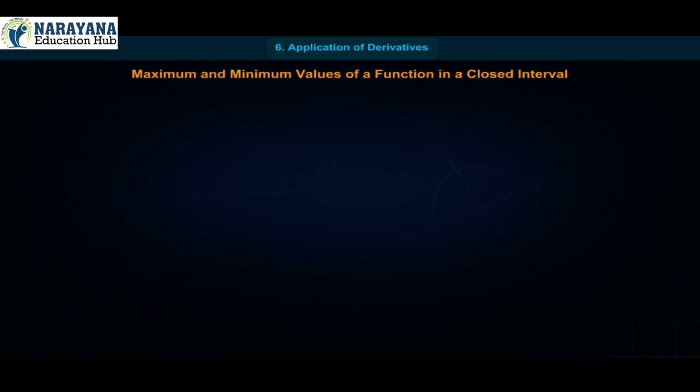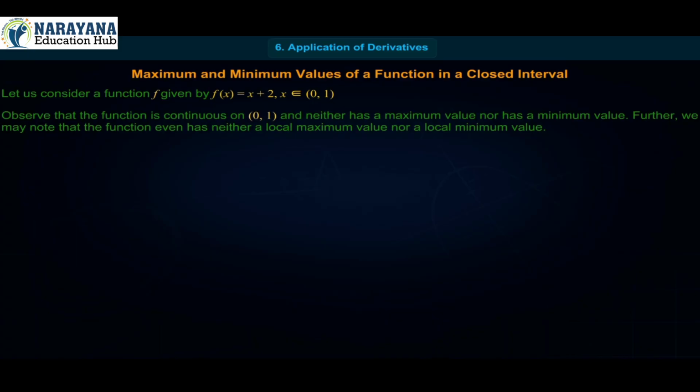Maximum and minimum values of a function in a closed interval. Let us consider a function f given by f of x is equal to x plus 2, where x belongs to open interval 0, 1. Observe that the function is continuous on open interval 0, 1 and neither has a maximum value nor a minimum value.